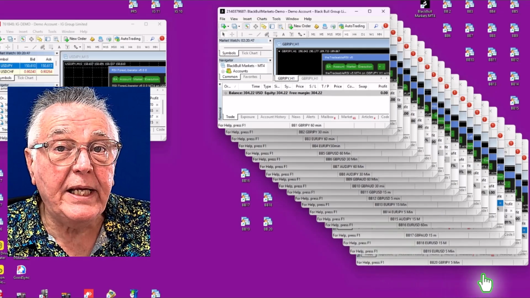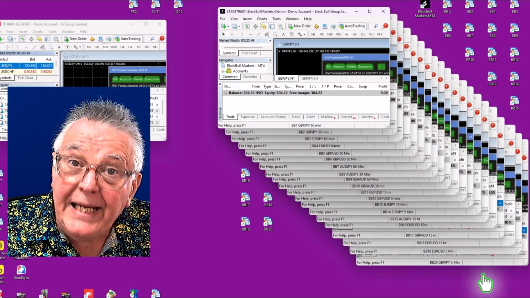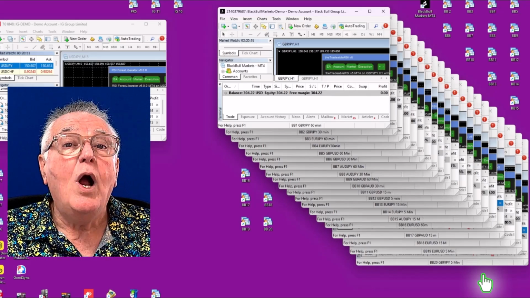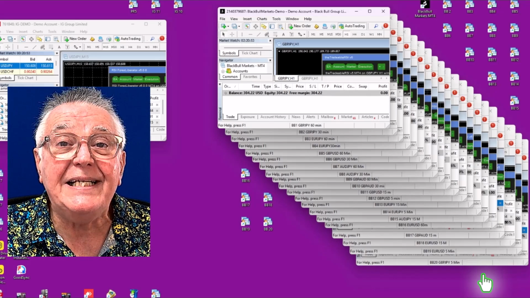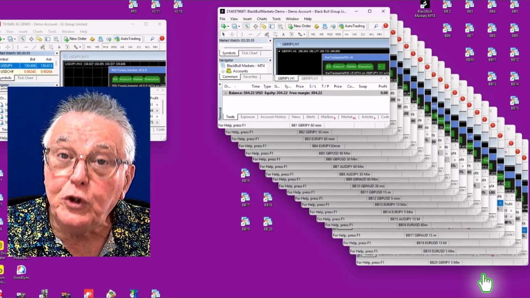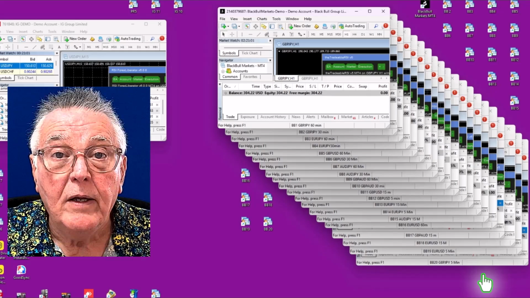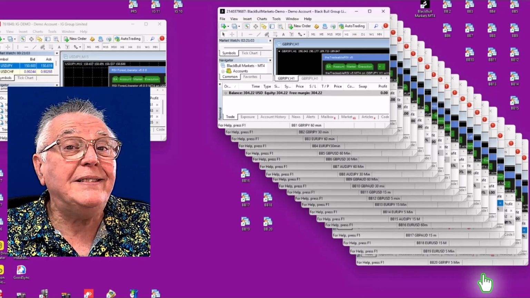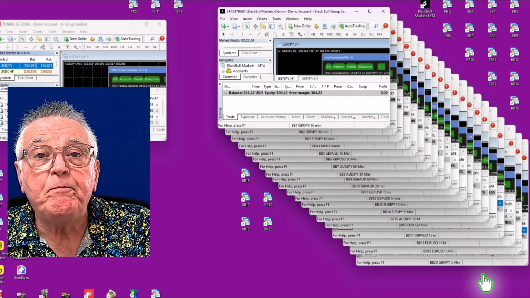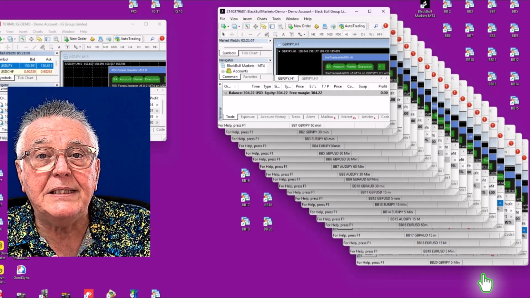And initially, when I'm doing this, my main aim is to get a feel of whether the lot sizing is either too aggressive or too small. Because you don't want accounts that will have a drawdown of more than 10%. Now 10% on a $300 account is about $30.